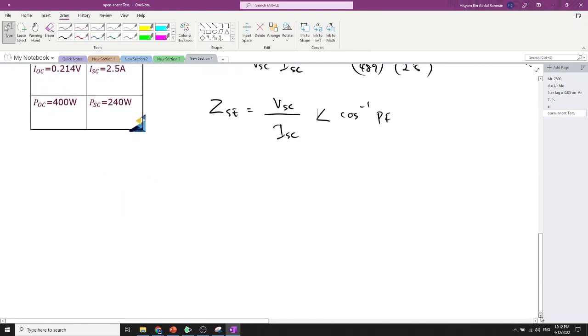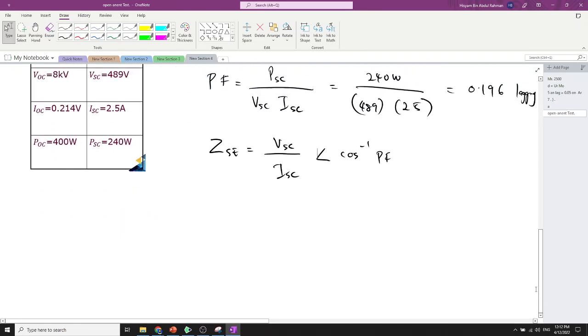Or if you want to make it step by step, you calculate the theta and then step by step, no problem. So this one, try to settle.